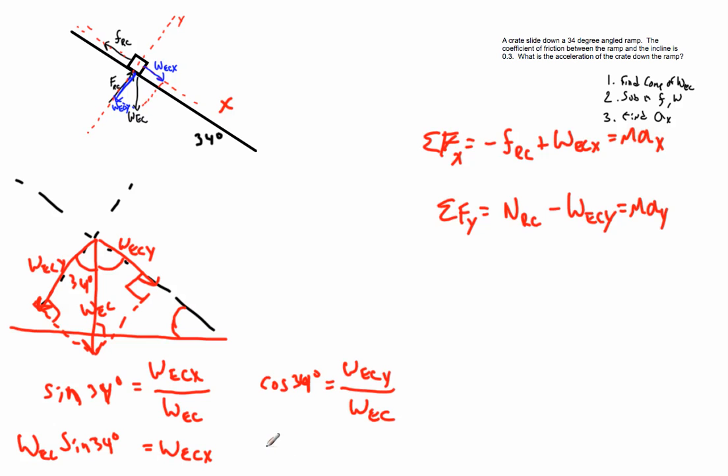Okay? So then, again, W_ECy will be equal to W_EC cosine 34 degrees. And there we have at least an algebraic expression for both the x and y components.